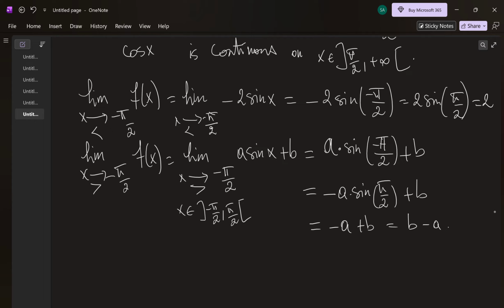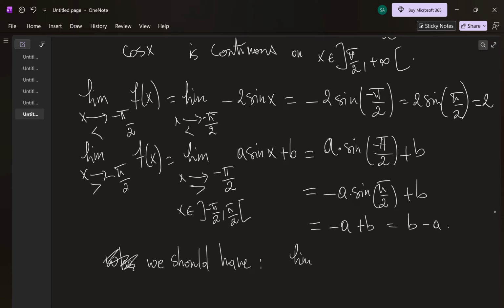Hence, for the function to be continuous, we should have limit from the left equal to the limit from the right.